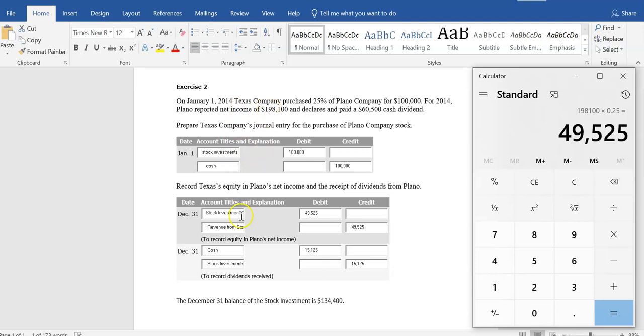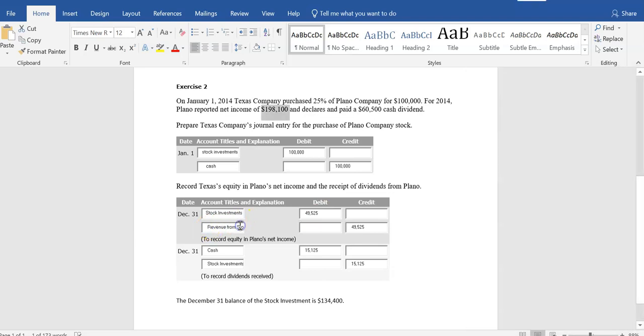So Texas Company will increase stock investments by the amount of their share of the investee's income and record it as a revenue from the stock investment. Okay, so essentially it's increasing Texas Company's income, its share of the portion of Plano's net income.